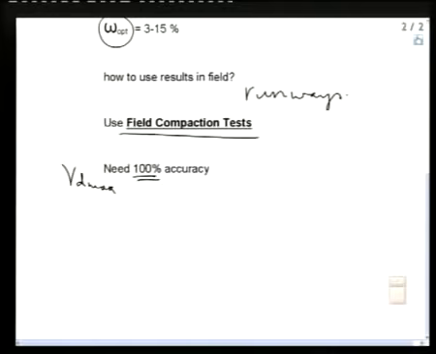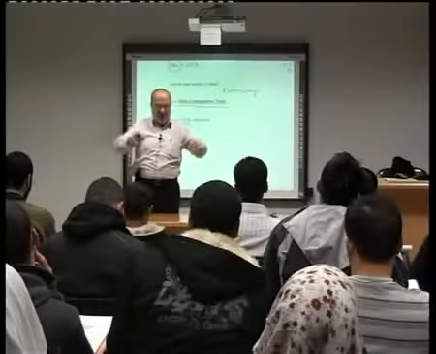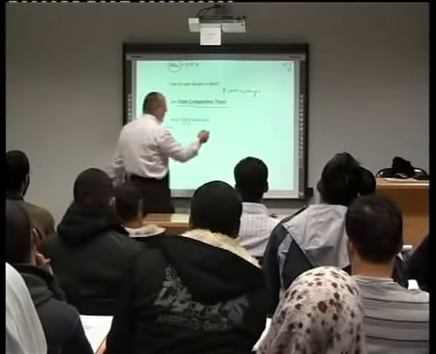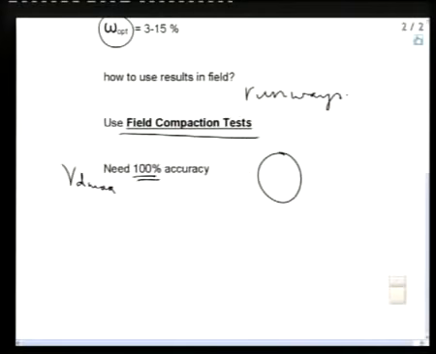I will not discuss it here, but if you study advanced soil mechanics, we will speak about the equipment and instruments that we use in the field for compaction. We have rollers of all types. Some of them are smooth drum, a very smooth roller.